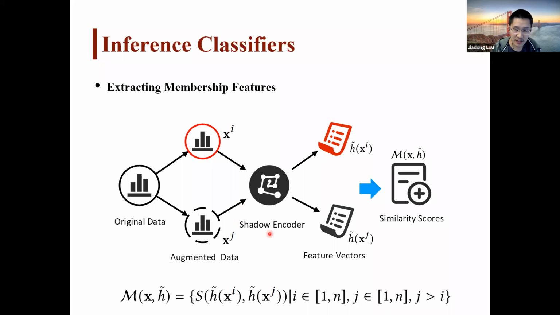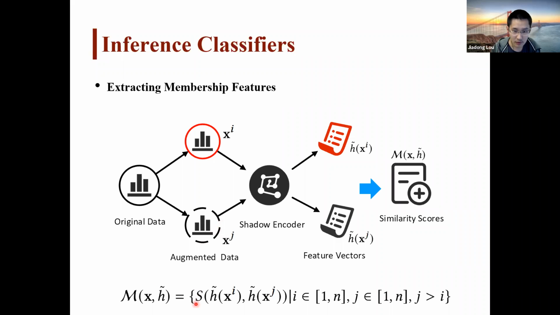Then they use the shadow encoder to produce feature vectors for each augmented input. In this paper, the membership features of the original input consist of the set of pairwise similarity scores between the different feature vectors.